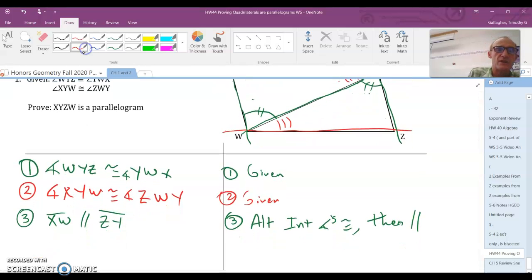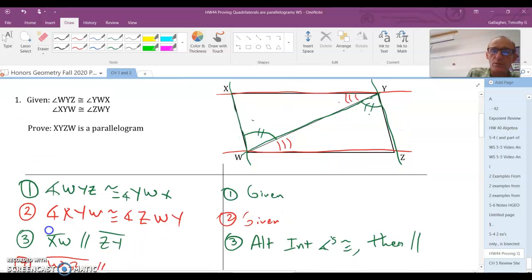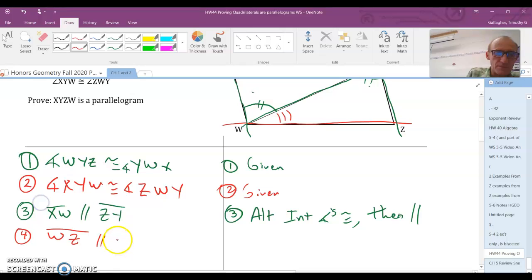And then the second to last step would be those other two. So WZ is parallel to YX. And that is the same as 3, because if the alternate interior angles are congruent, then the lines are parallel.